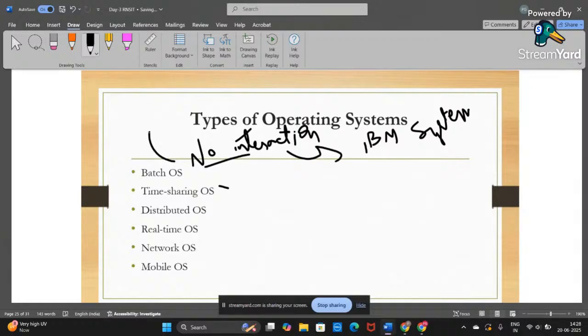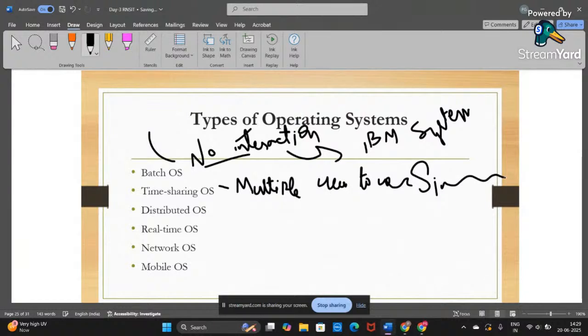Batch OS has no interaction with the user, but time sharing OS enables multiple users to use the system simultaneously.